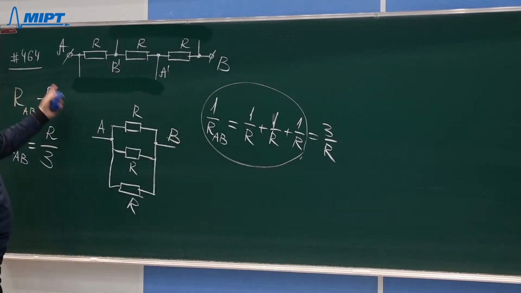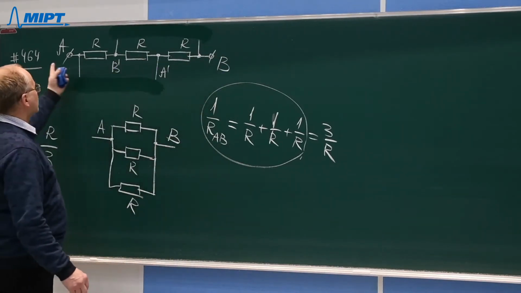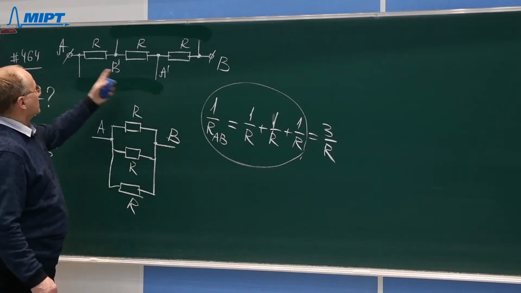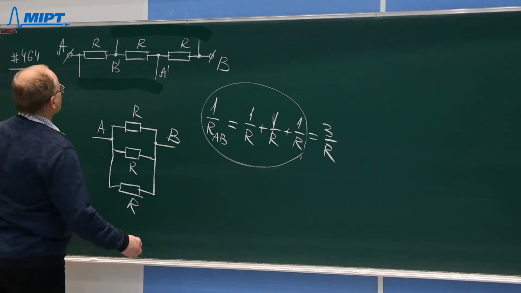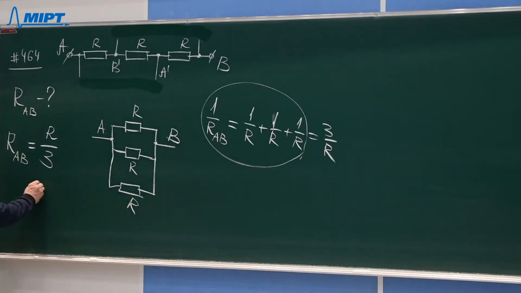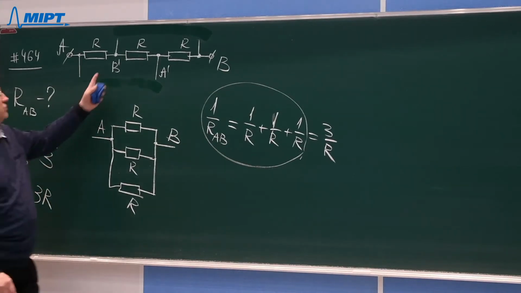Then the total resistance of this series connection, connection in series, will be 3R. In this case, that will be 3R, the total resistance, if the two wires are disconnected.